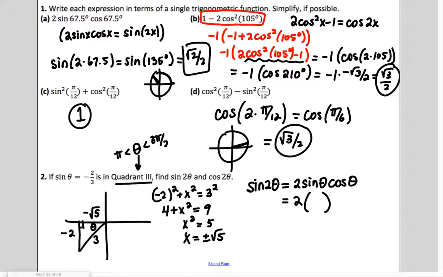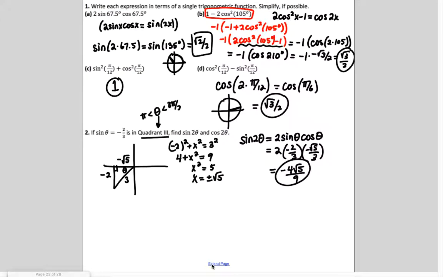Sine of theta is opposite over hypotenuse, negative 2 over 3. And cosine of theta is adjacent over hypotenuse, so negative root 5 over 3. So I end up with negative 4 root 5 over 9.